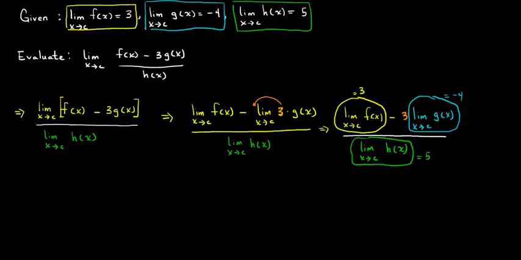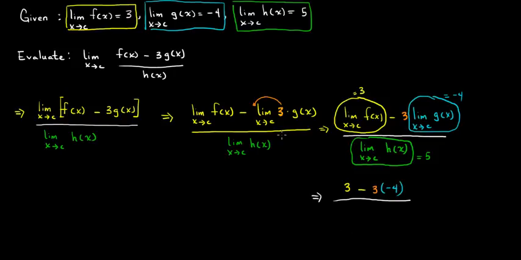So what we now have is this. Instead of writing the limit as x approaches c of f of x, I can substitute 3. Then we have minus, this 3 in orange just stays there. Then we have negative 4 in blue, so instead of writing the limit as x approaches c of g of x, I can just substitute negative 4.